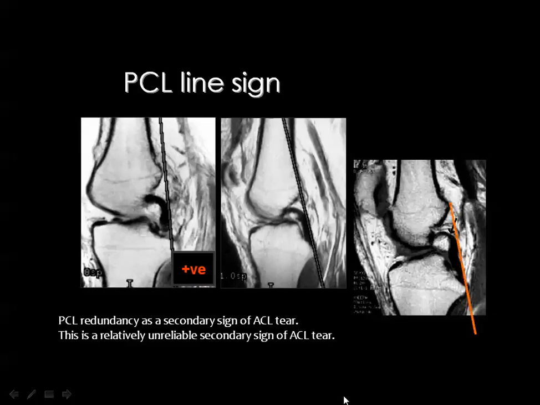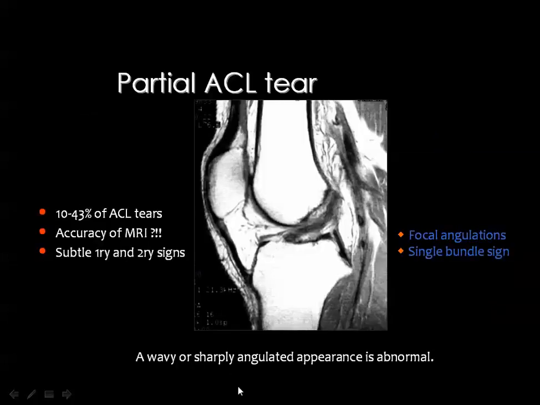This sign, as I have mentioned, is a weak sign, and the most reliable signs are the bone marrow contusions and the anterior translocation of the tibia. Then how to diagnose a partial ACL tear, which is a difficult diagnosis by MRI and even by endoscopy, as the orthopedic surgeon said.